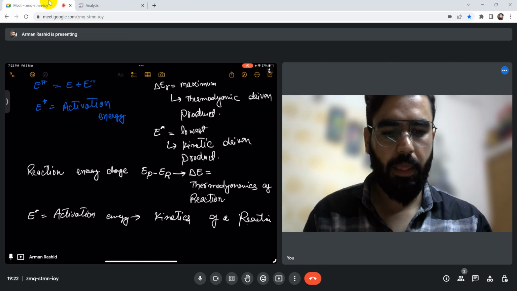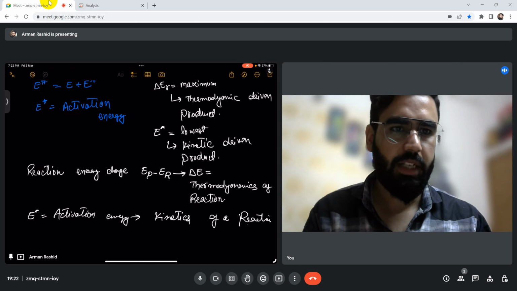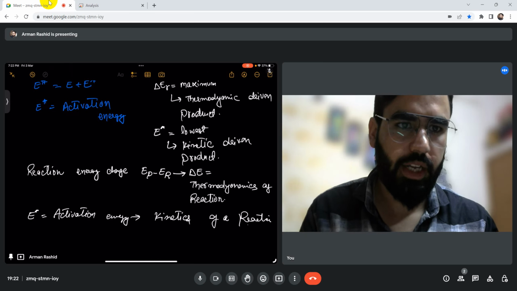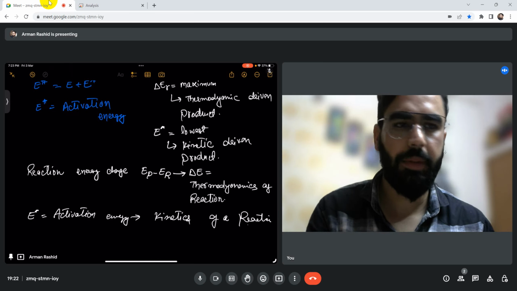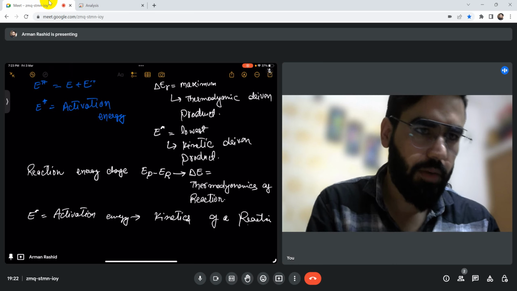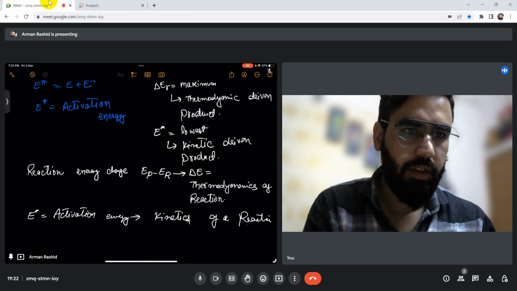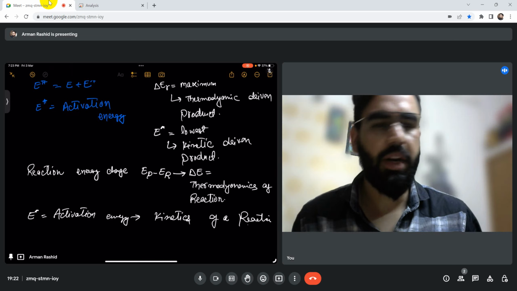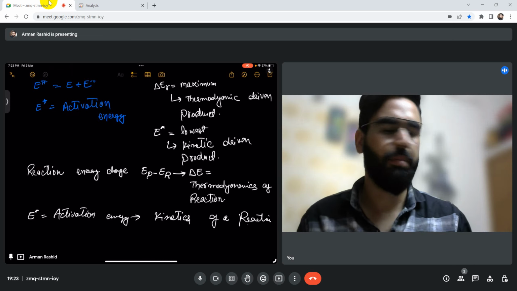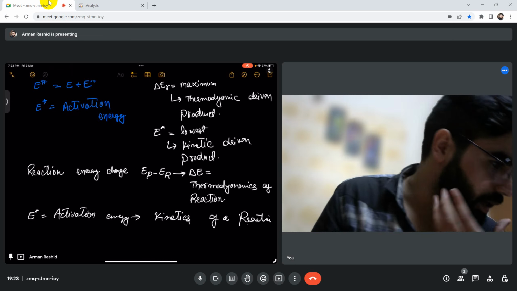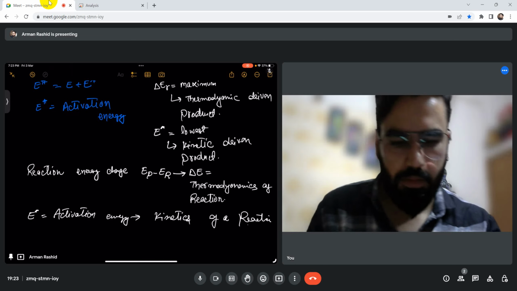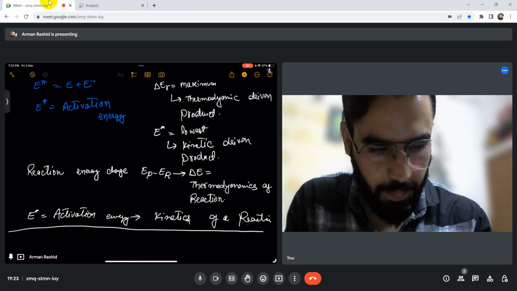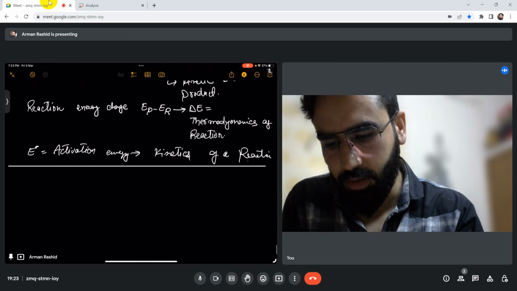So if the reaction has enough time and enough energy to proceed, that is, it is not kinetically hindered, then always a thermodynamically stable product is formed. But if the reaction doesn't have enough energy to proceed, then the kinetically driven product will be formed. So that is the main crux of the story. Okay, so this constitutes our second question.